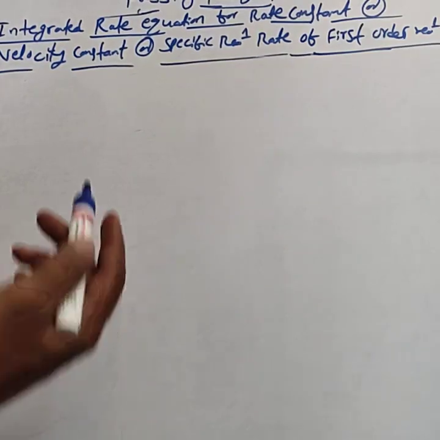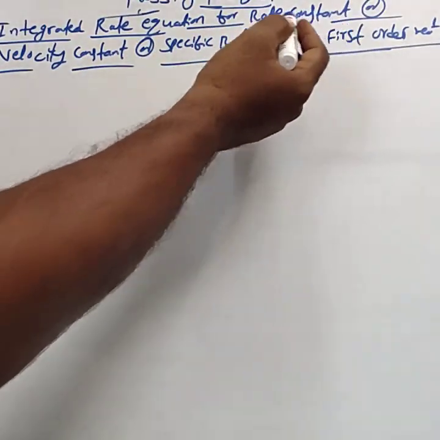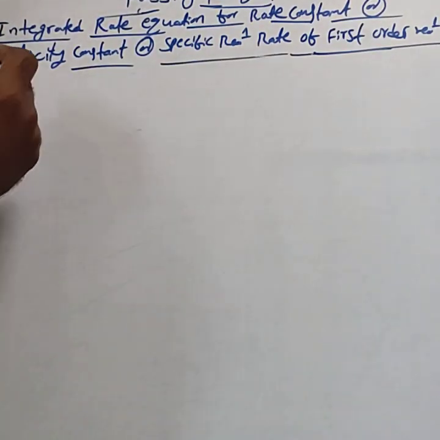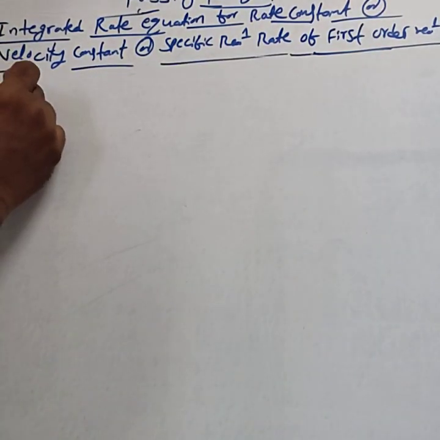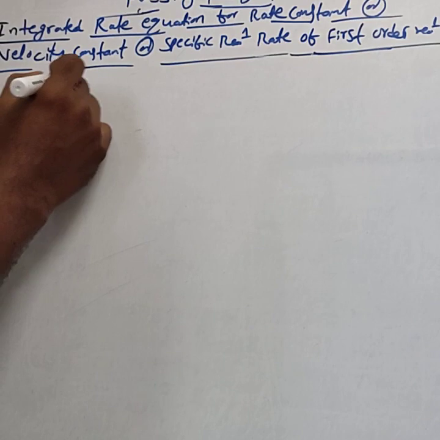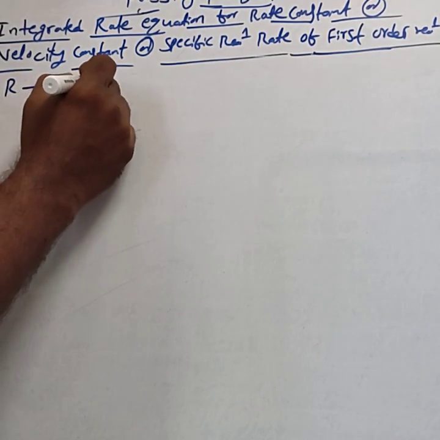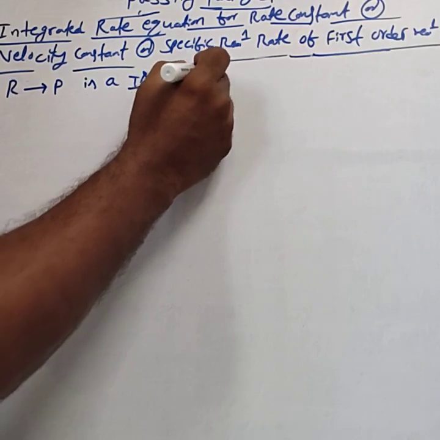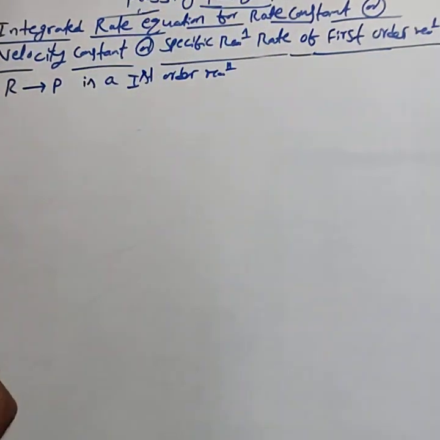Consider the integrated rate equation for the rate constant of a first order reaction. First, consider R gives product, which is a first order reaction.